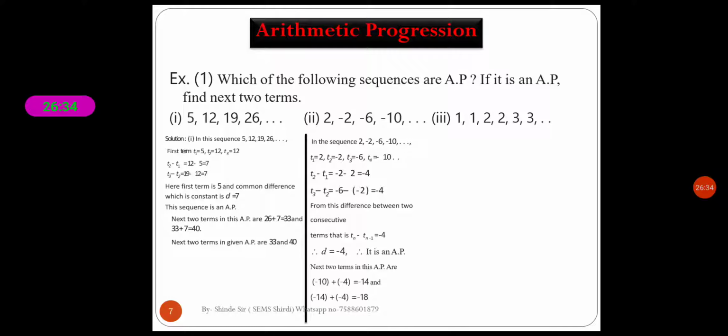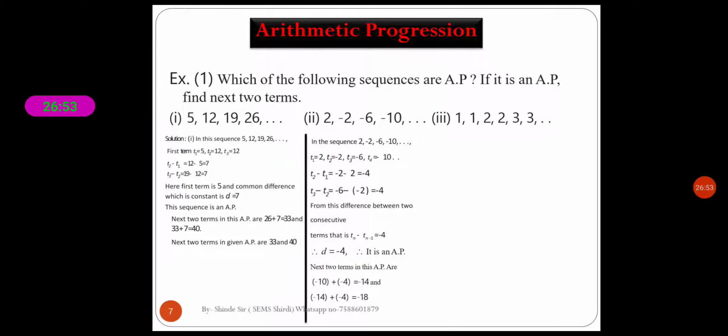Then here t2 minus t1, minus 2 minus 2, is minus 4. t3 minus t2, minus 6 minus minus 2, the minus becomes plus, minus 6 plus 2, is minus 4.